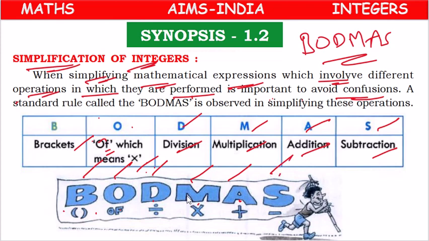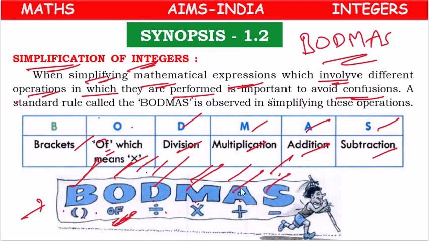It means in the same problem, if all the symbols are involved, first we have to simplify the terms which are in the brackets, next the operations written as of between the numbers. Next they should be divided, next multiplied, next addition, next subtraction.